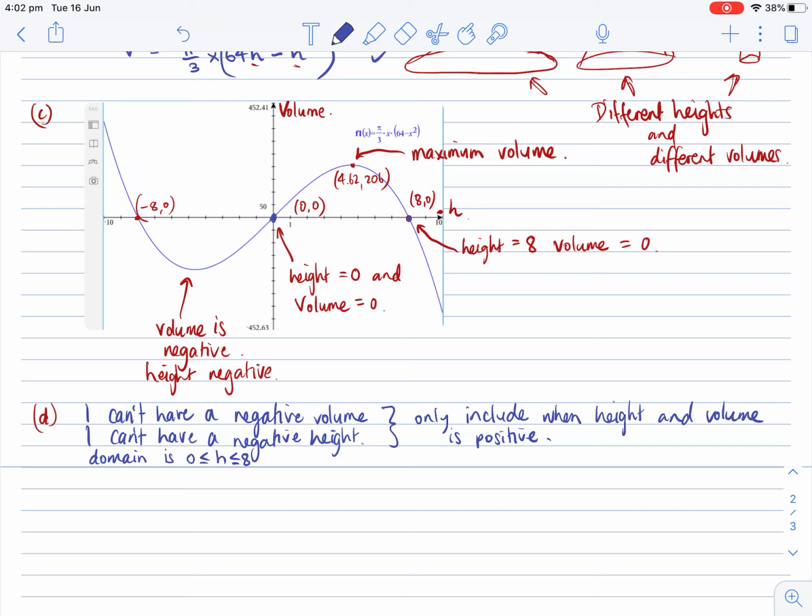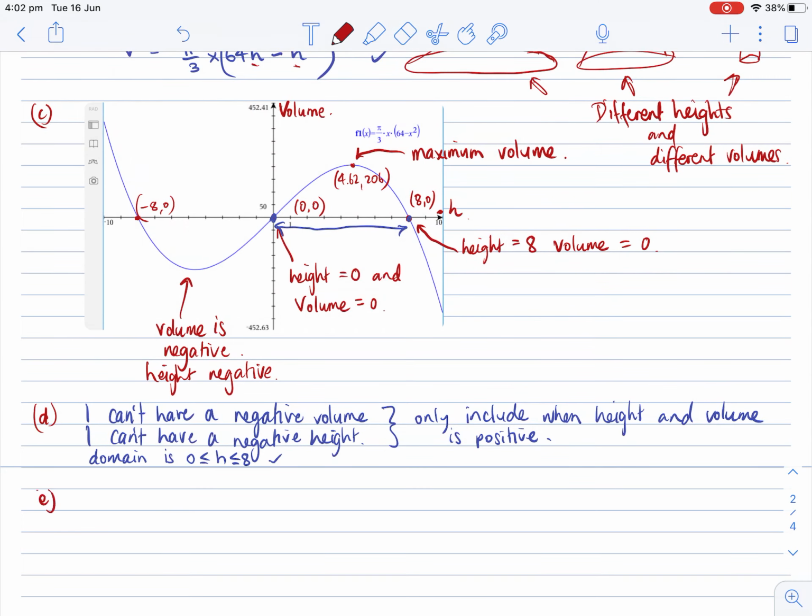So I set my domain between those two values because if the height is not between 0 and 8, then it's not physically possible to have a cone because I can't have a negative height and I can't have a negative volume. And this is how I write my answer with those inequality signs.